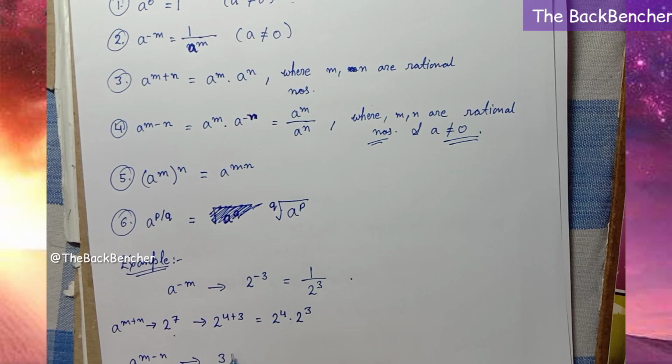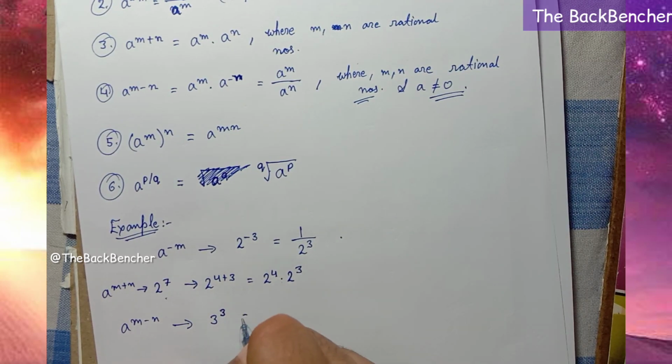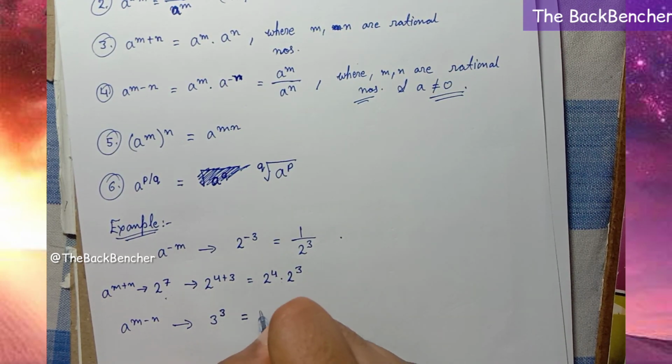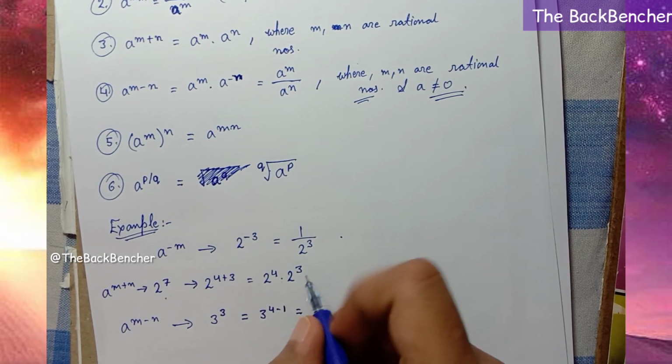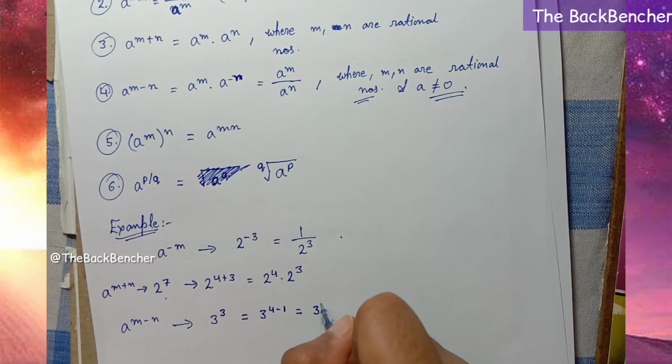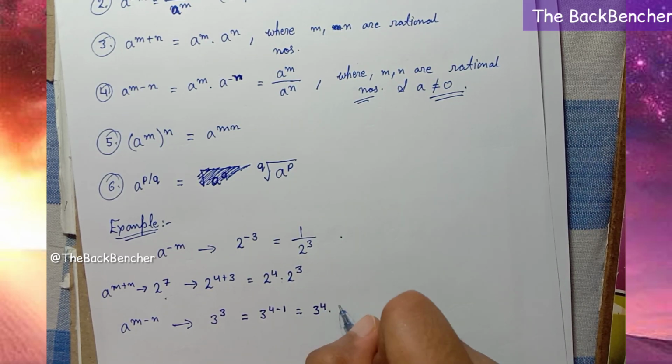Now moving on to a to the power m minus n. Here you can take any number of your choice. So here you can take 3 to the power 3. You can write it like 4 minus 1, and 4 will be 3 upon 4, and the minus 1 will go to the denominator.